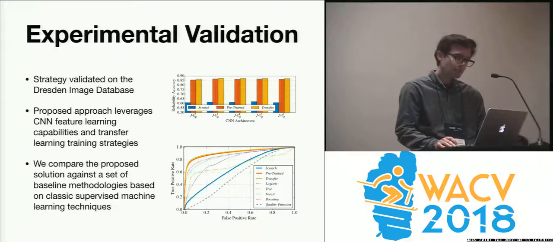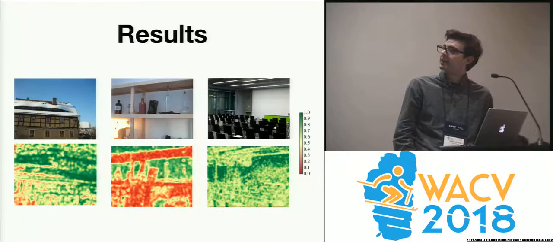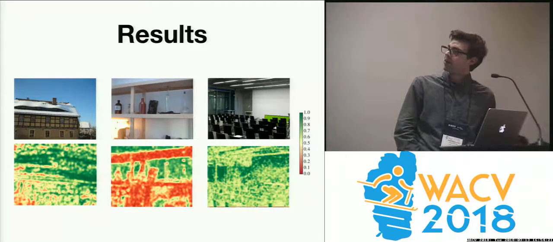So just to give you a sense of the kind of results that we can obtain for the reliability map estimation, here are some of the images on the test set, and we apply our method to them.